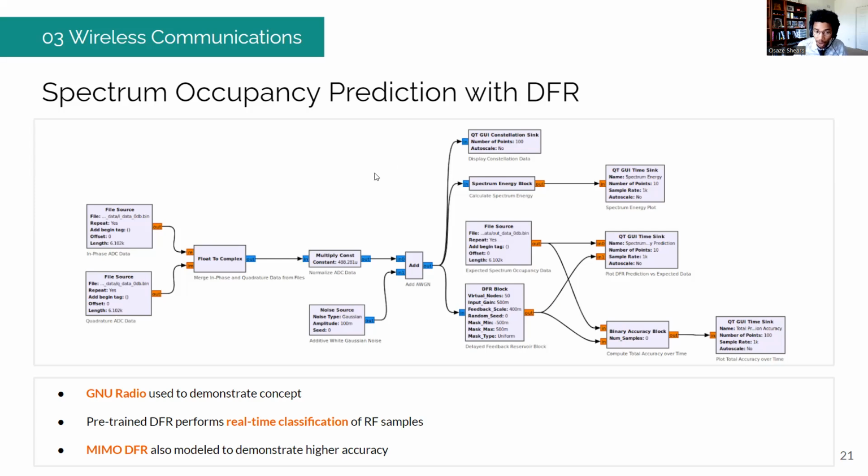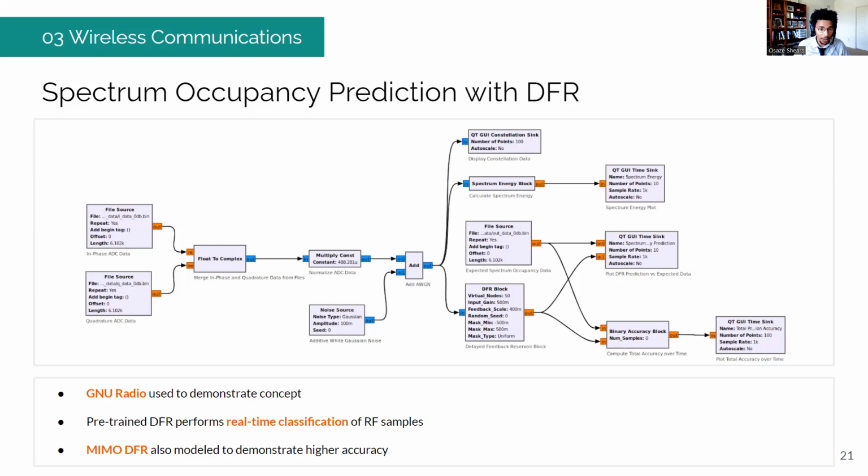So the process for just verifying and validating this idea is developed here. And essentially here we have I and Q data that's being read in from different files, for example. And the idea here is that we can send these IQ samples to a customized delayed feedback reservoir that's able to give us a binary classification between whether or not the spectrum is being occupied or it is free.